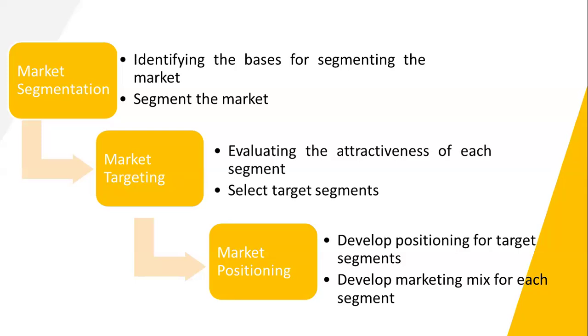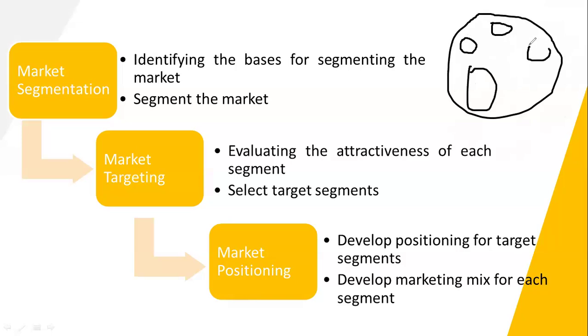Right, so this is what simply we do, right? So we have a market like this. It's a heterogeneous market, right? So there are different types of customers with different needs and wants. So under segmentation, what we are doing is segmenting this heterogeneous market into more homogeneous sets or homogeneous segments. Then you find out what would be the best segment for your product.